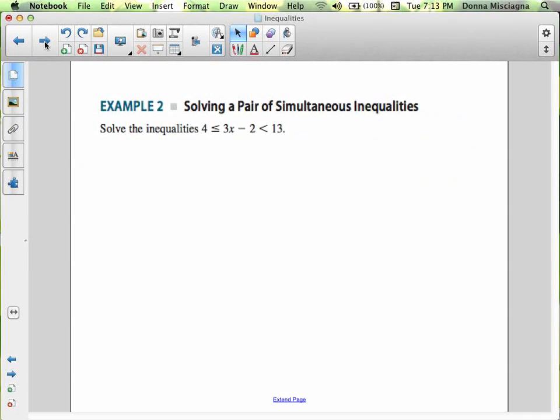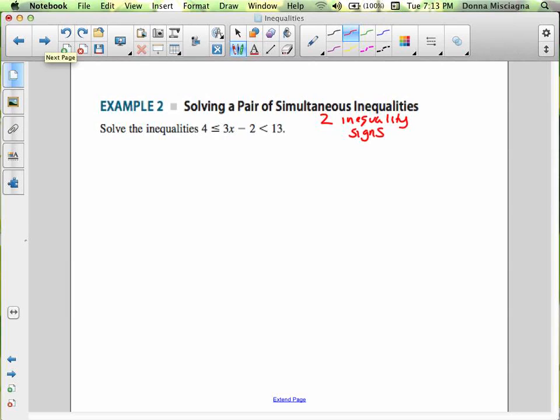This is called solving a pair of simultaneous inequalities. What simultaneous means is that there are two inequality signs. And it's pretty much just the same as solving with one inequality sign. Whatever you do to one side of the equation or inequality, you have to do to the other side.